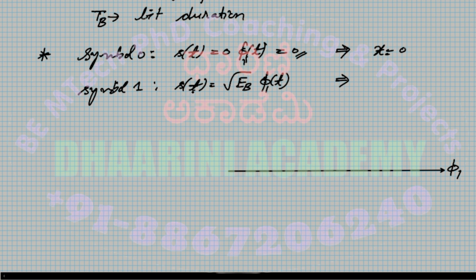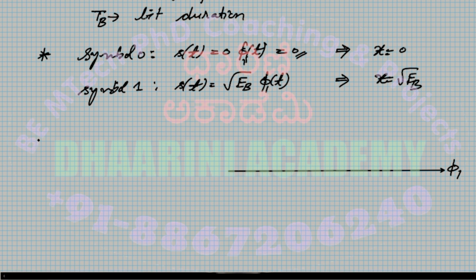Whenever I'm trying to send the symbol 1, I'm making x equal to root e. Relate like that. That means on the phi 1 axis, I can actually mark two different points, one for symbol 0 and one for symbol 1. Correct? Are you able to relate that?